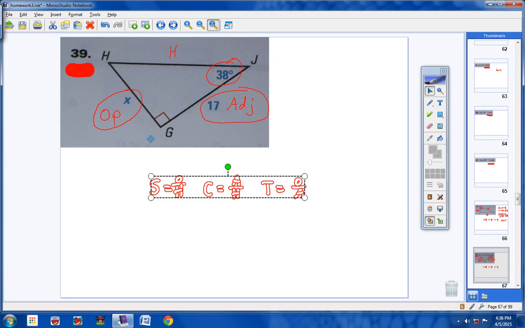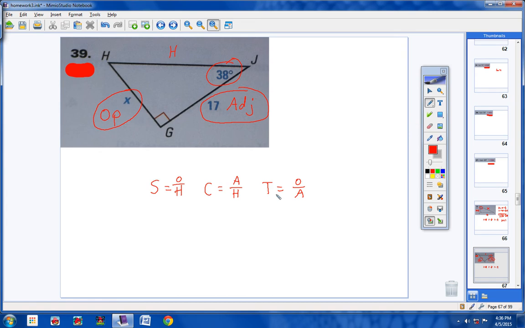Now, which trig function has opposite and adjacent? Right here, tangent does. Tangent equals opposite over adjacent. So we're going to use tangent because tangent is the function that has opposite and adjacent. So here we go. Tangent of what angle? 38 degrees equals opposite over adjacent.